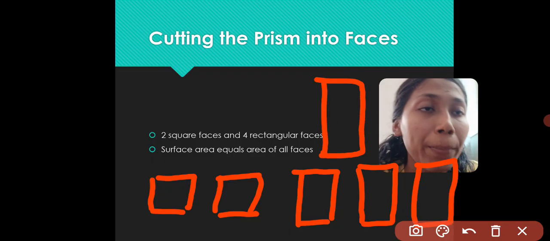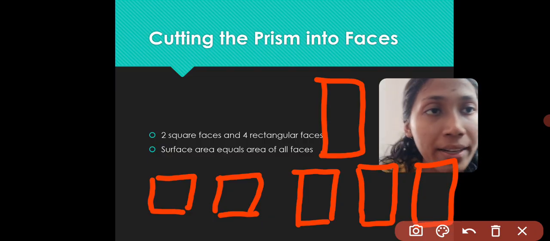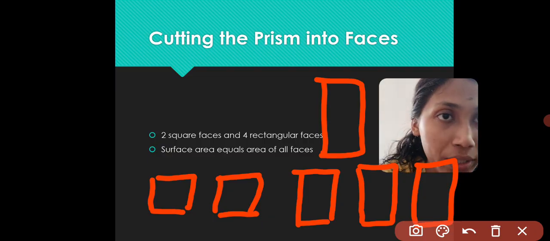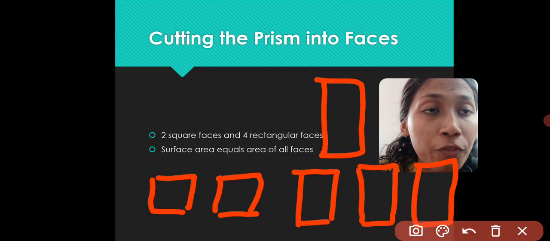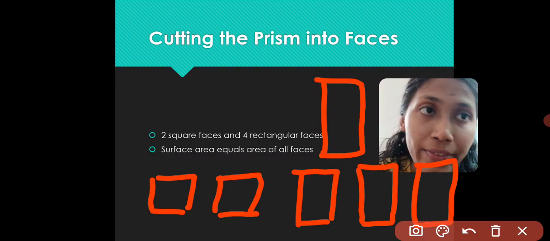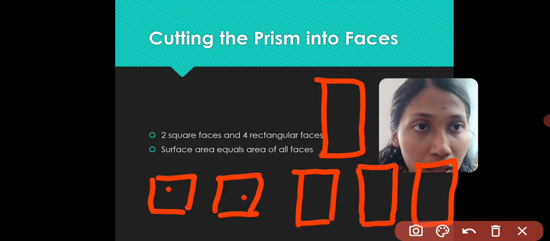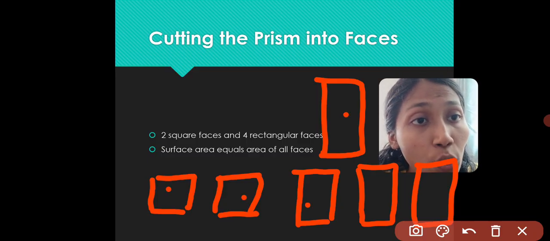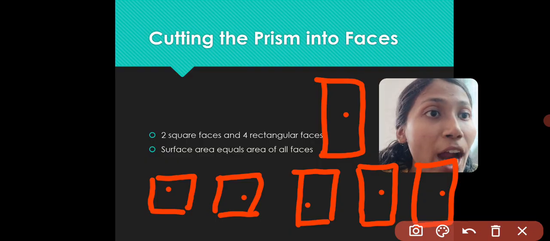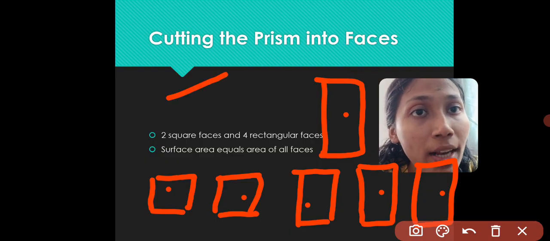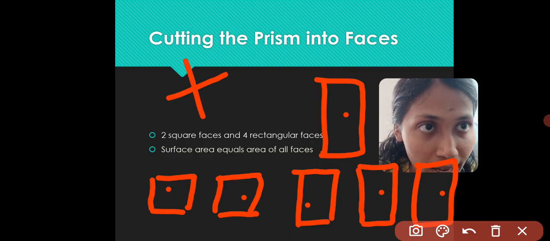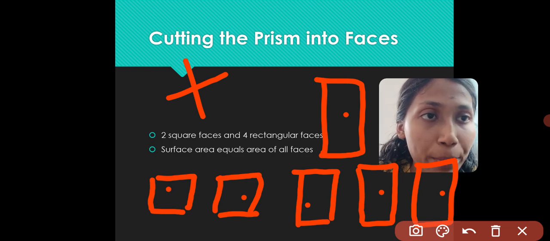So when I opened the square prism, I ended up with 4 rectangles and 2 squares. Now we need to find the total surface area of the square prism. For this, I'm going to calculate the area of these 2 squares, calculate the area of these 4 rectangles, and add all these to get the total surface area of the square prism.